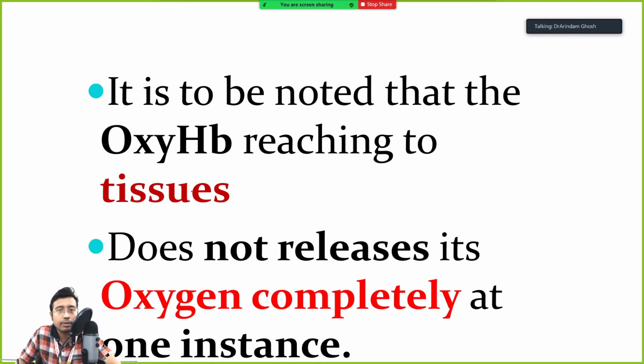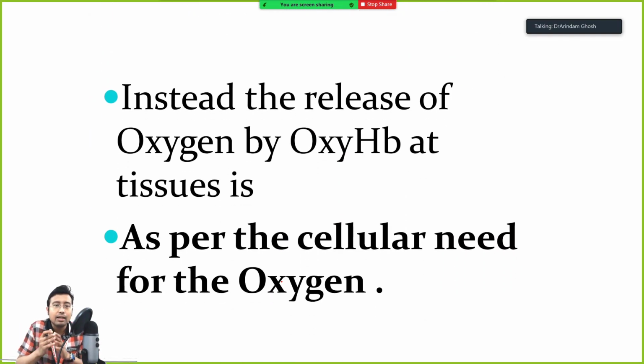Naturally, it is to be noted that on reaching the tissues, oxyhemoglobin does not release oxygen completely. It does not release all the oxygen at once. It happens phase by phase depending on the cellular need of oxygen. It will release only as much as is needed.